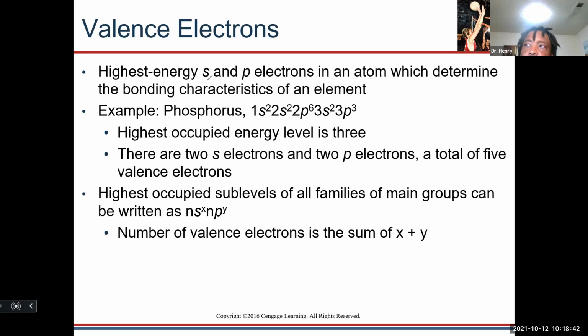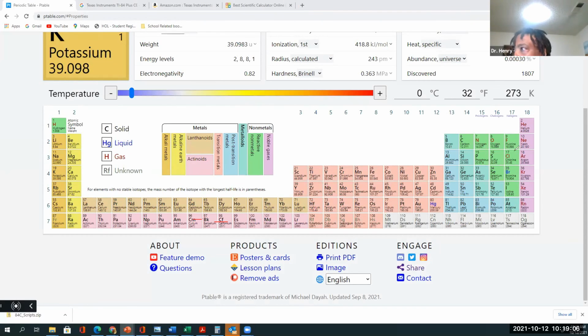To calculate our number of valence electrons, we just take the sum of those that are in the S and in the P. So if we take a look again at chlorine, if we just look at this S and this P, that gives me the number of valence electrons for chlorine, which is 1, 2, 3, 4, 5, 6, 7.